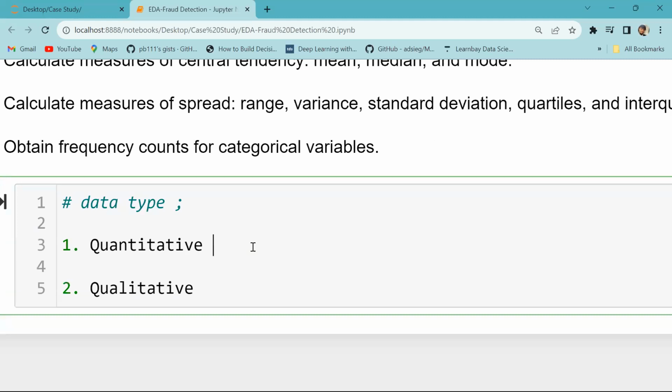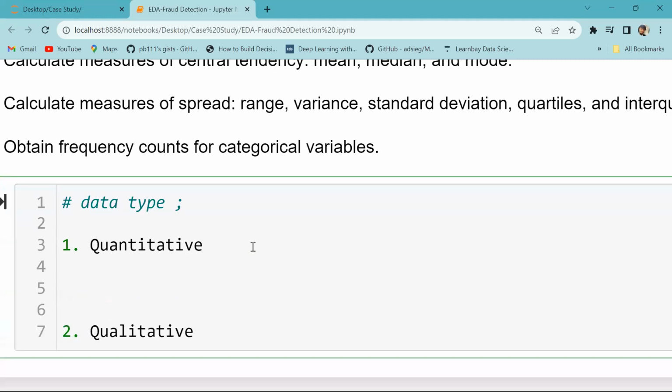Quantitative means the data is available in numbers, continuous or discrete type. Discrete means something countable. For example, how many students are there in a class?